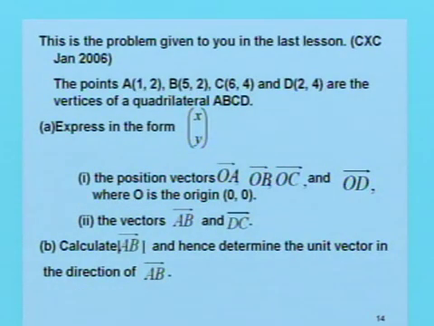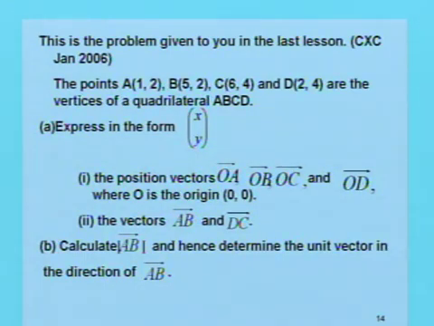This is a problem given to you in the last lesson, taken from CXC January 2006. The points A (1, 2), B (5, 2), C (6, 4), and D (2, 4) are the vertices of a quadrilateral ABCD.